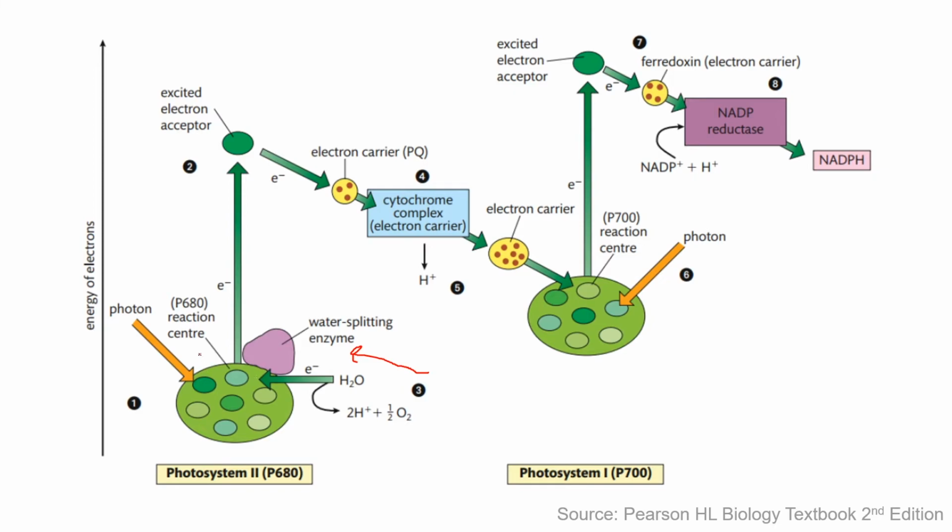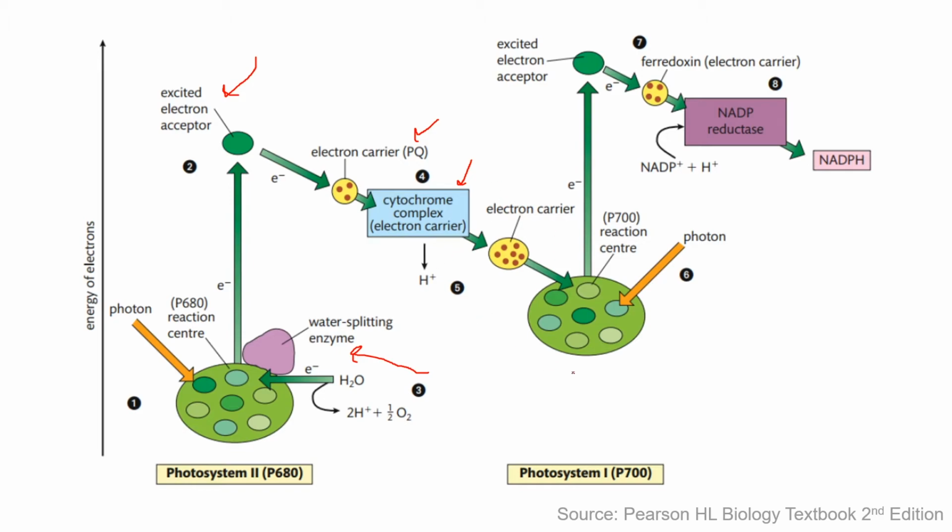The electrons are accepted by the excited electron acceptor in photosystem 2. The electrons are transferred using the electron carrier PQ through the cytochrome complex, which pumps hydrogen ions across the membrane, setting up a hydrogen ion gradient.